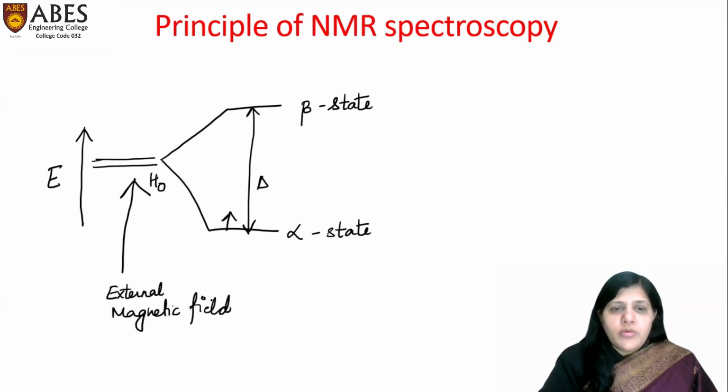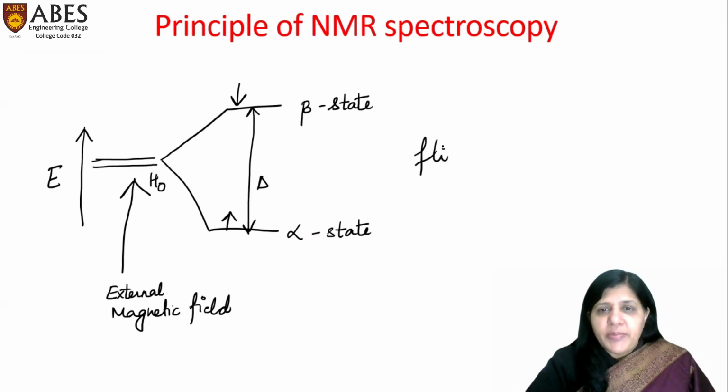So in the alpha state, the magnetic moment of all the nuclei is aligned or parallel to the external magnetic field. Whereas in the beta state, the magnetic moment of all the nuclei of the protons is opposed to the external magnetic field. When alpha state changes to beta state, this is known as flipping.